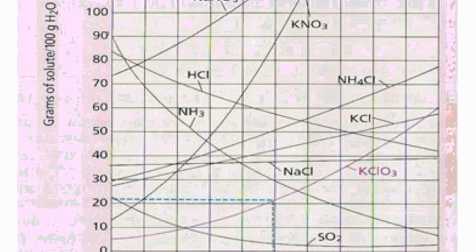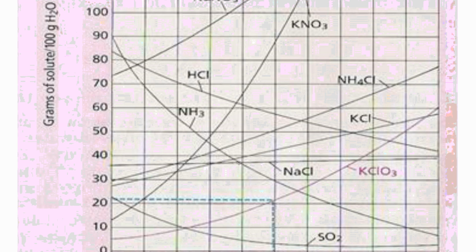So if you look, for instance, ammonia changes from 90 grams can dissolve all the way down to, about, what is that, about 5 grams that can dissolve in 100 grams of water. So that's quite a large change over the 100-degree temperature change.